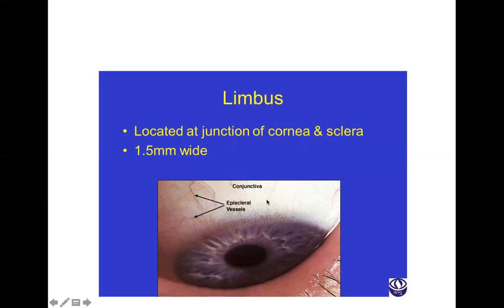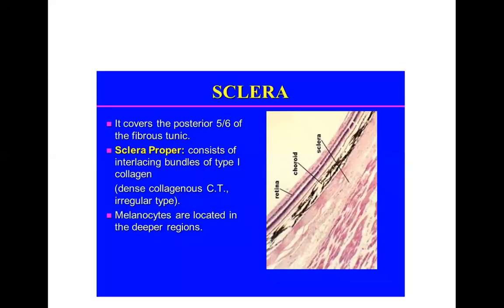The sclera also manifests a yellowish color when there's jaundice. So clinically, you describe that as icteric sclerae.